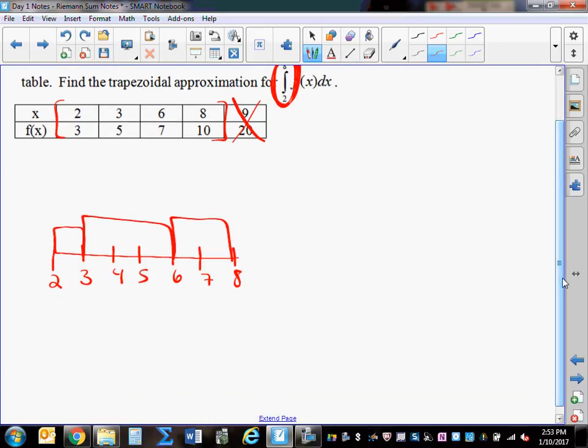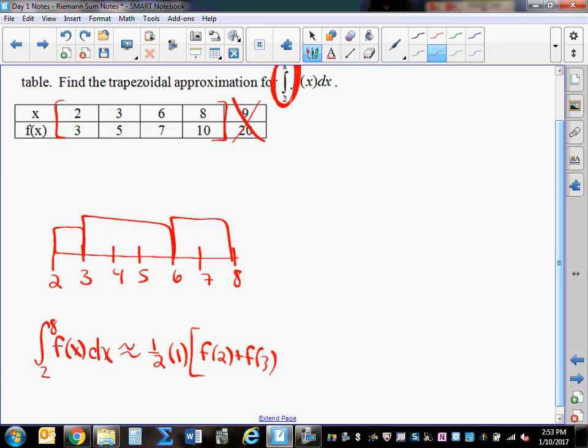We could even say for this, the integral from 2 to 8 of f of x dx is approximately. That would be one way of saying that. And you could say, of course, trapezoid Riemann sum, but same idea here. Alright, so again, that formula, 1/2 times your width, which for this first one would be 1, times f of 2 plus f of 3.